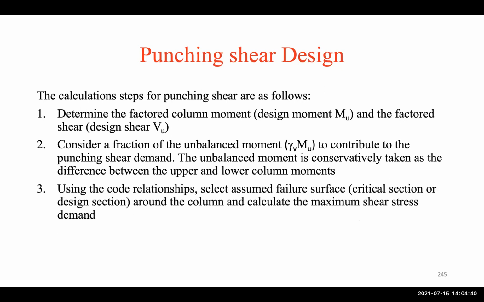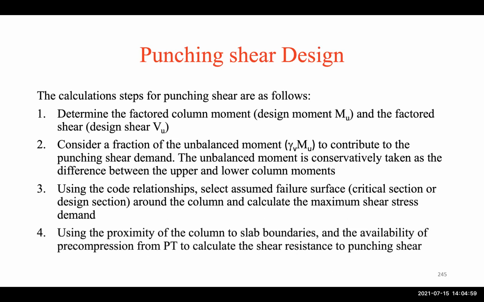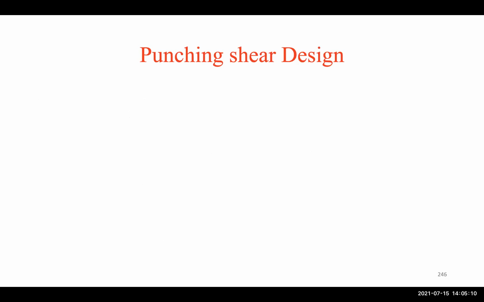It's very important that we don't consider only the shear force on the slab, but also the unbalanced moment. Based on this, using the code relationships, we can select the assumed failure surface, which is the critical section, typically at a distance d/2 from the face of the column. Then we can determine the critical area and the shear resistance of the concrete floor.